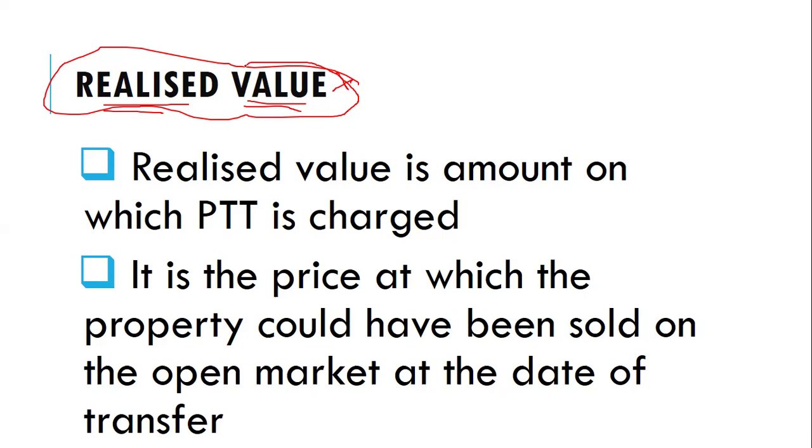Then you have failed to get the simple 2 marks. So what's most important, even though property transfer tax is easy, is recognizing which one is the realized value. And the realized value is the price at which an asset which was transferred could have been sold on the open market.